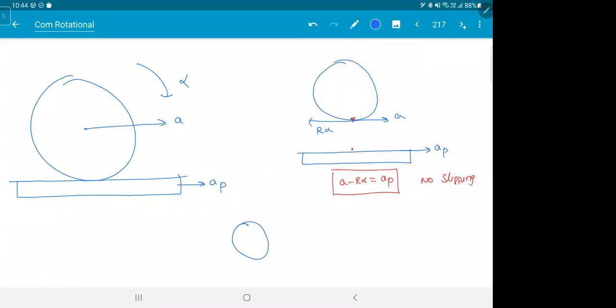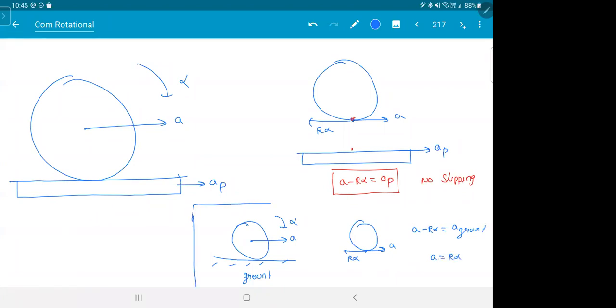Suppose you keep this on the ground, you know what happens? Ground acceleration is 0. So this is A and alpha. This point would be A minus R alpha. So you should get A minus R alpha is equal to A ground, so A is equal to R alpha, if you are on the ground.